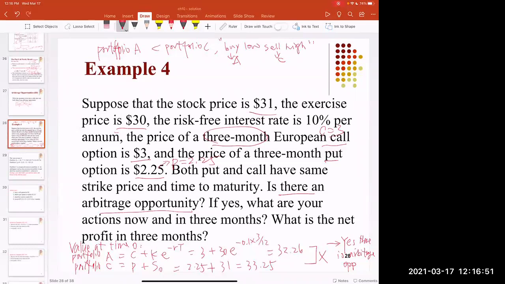We need to see the securities in each portfolio. We have 2 securities, so we need to look into them. So we're gonna buy portfolio A, which is what? It's buy a call option, because A includes a call option.